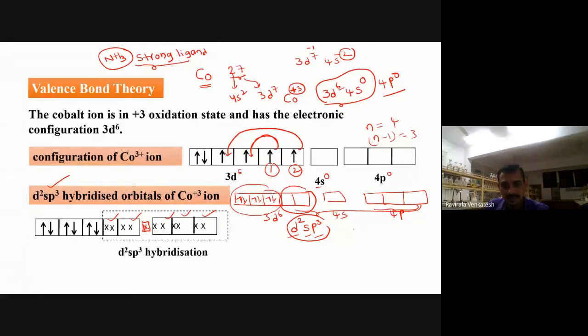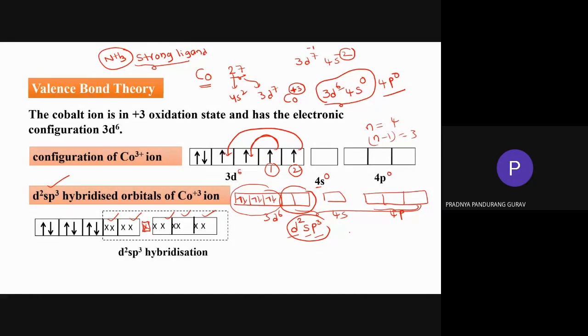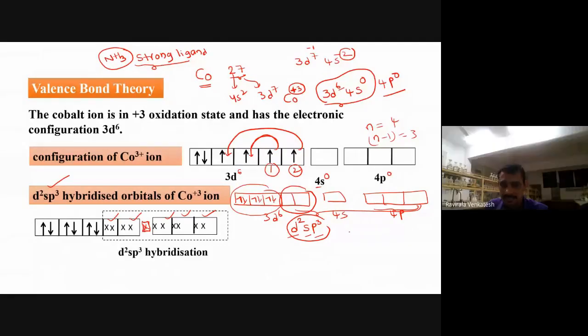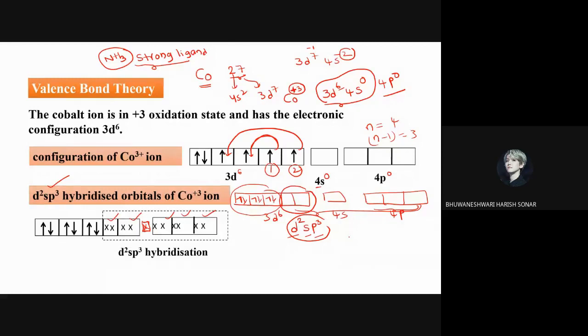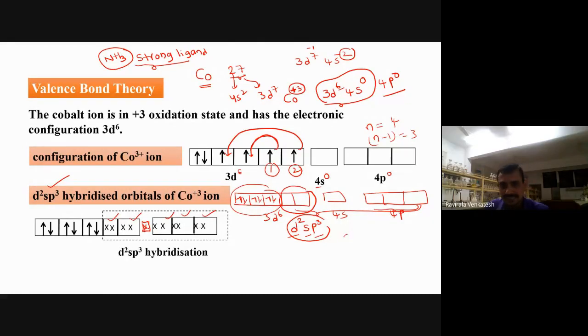How many ligands are there, beta? 6. 6 ligands are there. Now tell me, each ligand donates how many lone pairs? Each ligand donates 1 lone pair. So the 6 ligands are 6 ammonias. Each ammonia will donate 1 lone pair, so 6 ammonias will donate 6 lone pairs.